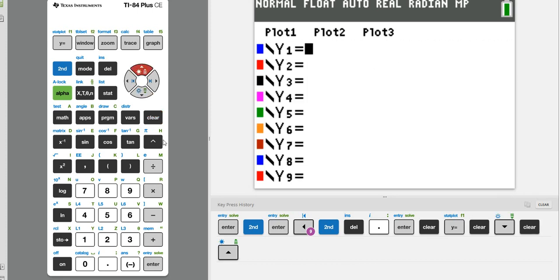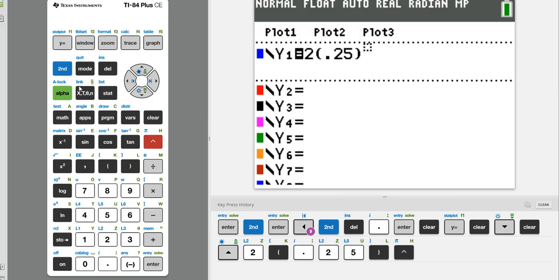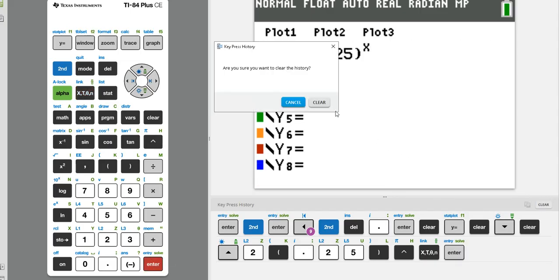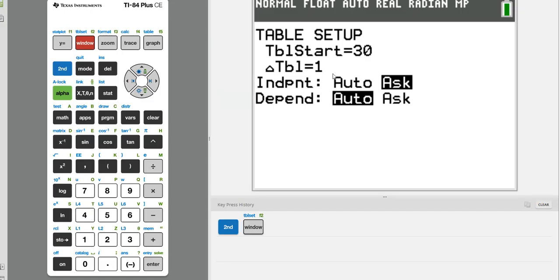So I want 2 times 1/4 to the x power. So 2, and then 0.25, there's my 1/4, raised to the x power. I hope you have your calculator set up correctly. In terms of the table, it should look like this, with Ask and Auto set on your independent and dependent respectively.